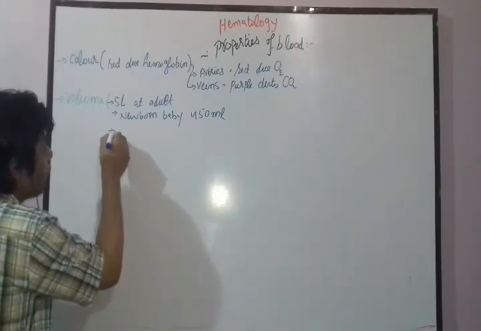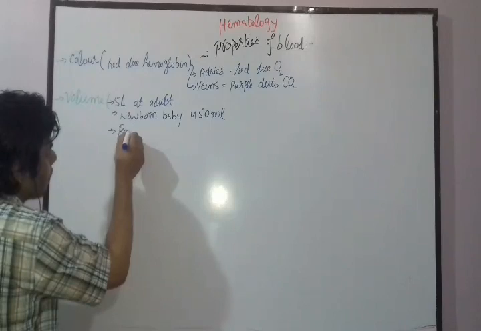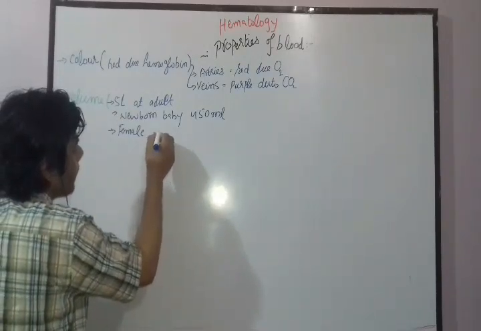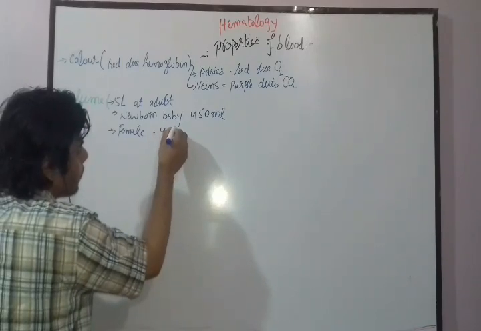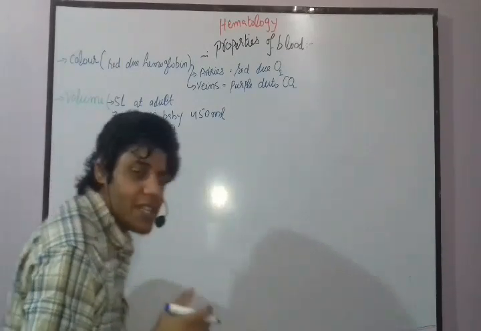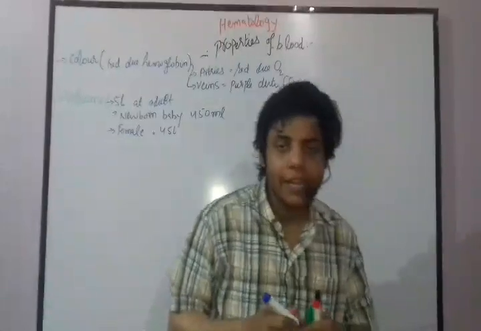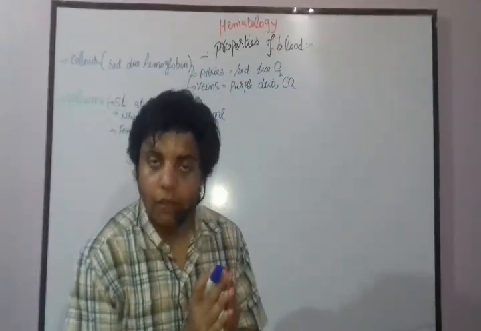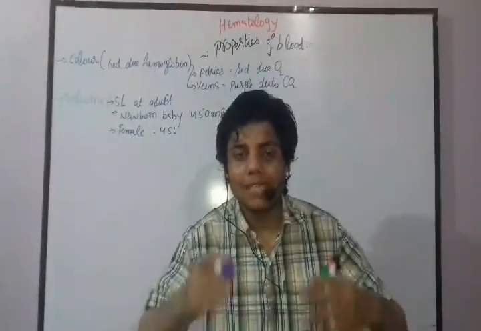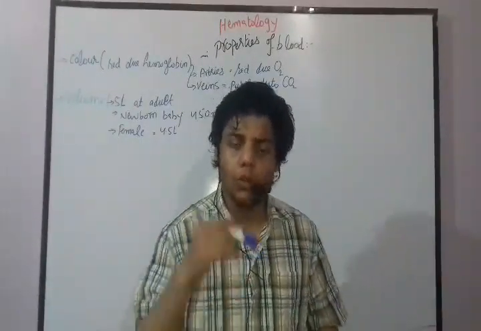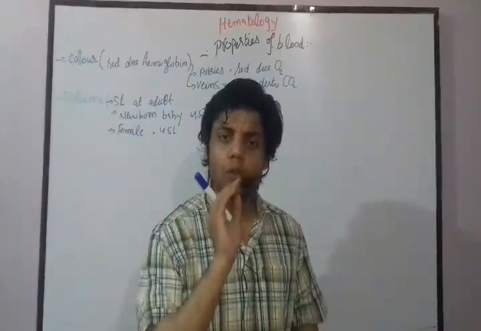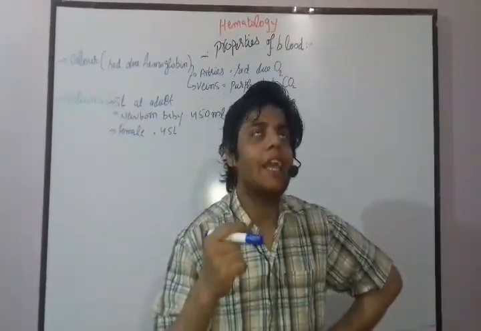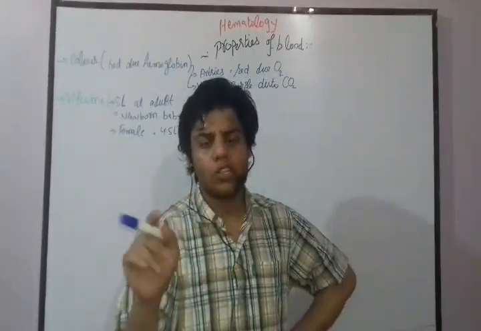If we see in female, this is a very important thing you should keep in mind. In case of female, the volume of the blood will be 4.5 liter. What is the reason behind that? The reason is their weight and the menstrual cycle. In female, menses is produced during puberty, at the age of 14, 15 or 16.